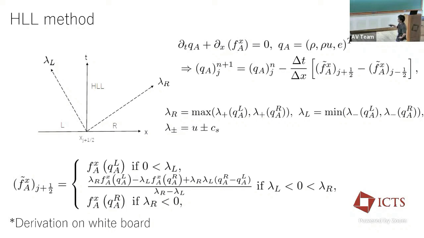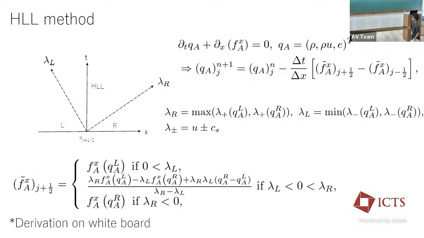Also, the right propagating characteristic speed is given by lambda plus, u plus cs, by these equations. In the HLL scheme, we learned that there is a contact discontinuity inside the Riemann fan, but the HLL scheme completely ignores the internal structure of the Riemann fan.